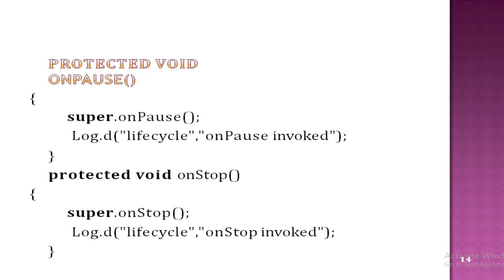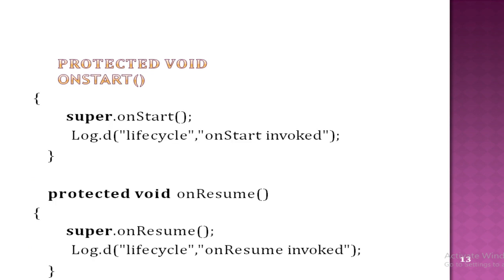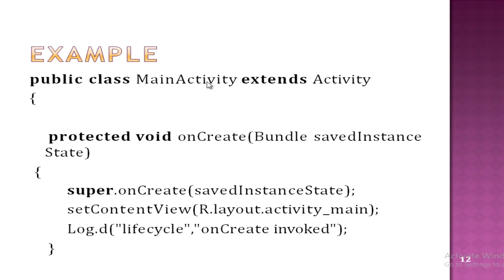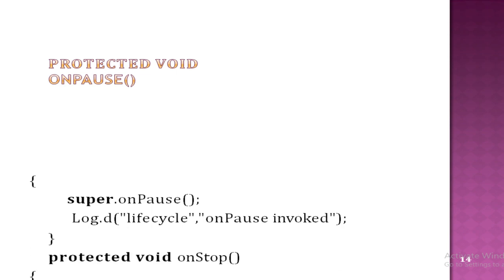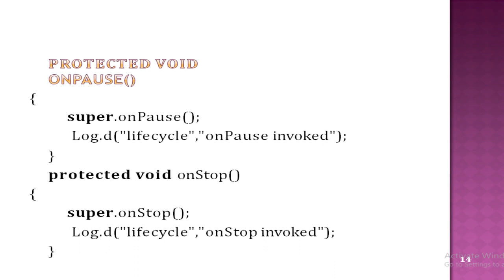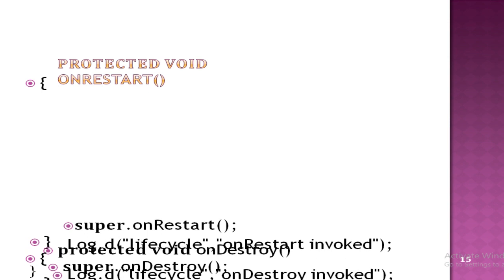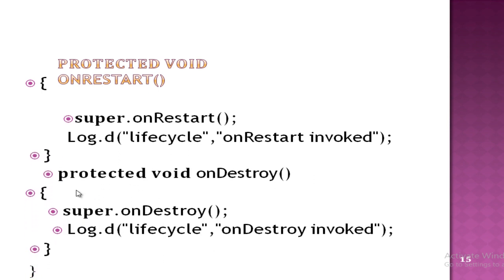So first the methods we have seen are the onCreate method, then onStart method, then onResume method, then protected void onPause method, then onStop method, then onRestart method, and last onDestroy method.